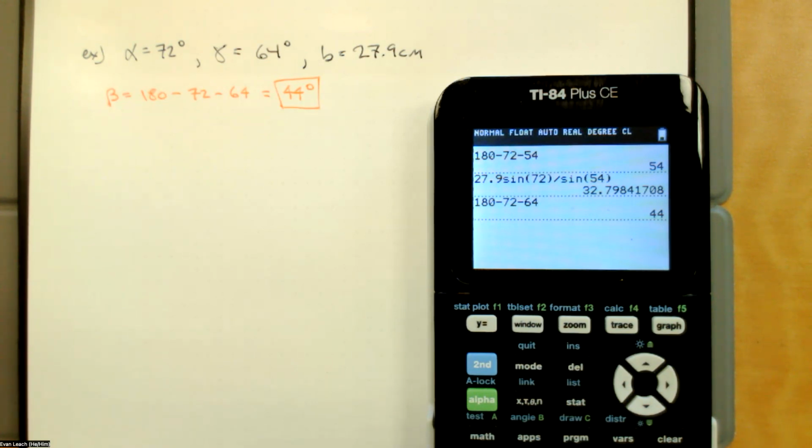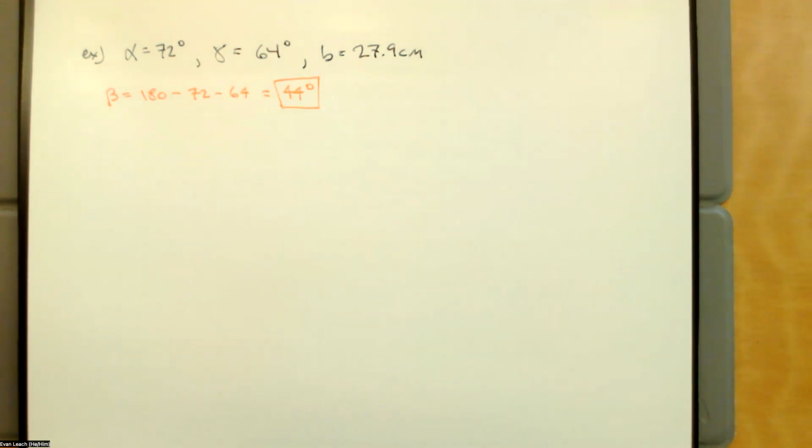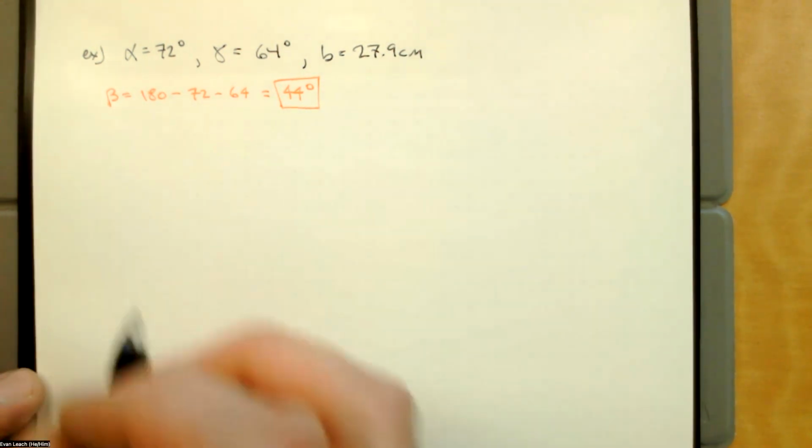Now we have all the angles, and most importantly, we have a set of opposite parts. I've got angle beta and side B. That means we should use the law of sines. It's not the first thing that we're doing, so we don't have to worry about the ambiguous case. We're also using the law of sines to find a side, so those are two reasons we don't need to worry about the ambiguous case.